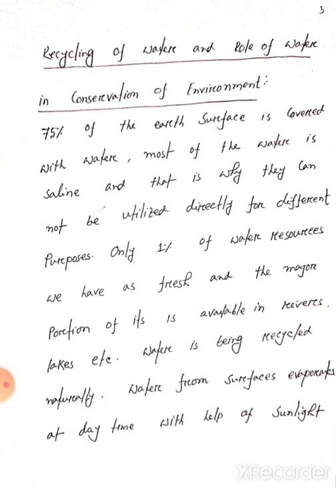Only 1% of water resources is fresh, and the major portion of it is available in rivers, lakes, etc. Water is being recycled naturally. Water from surfaces evaporates at daytime with the help of sunlight. So this is the recycling process of water.